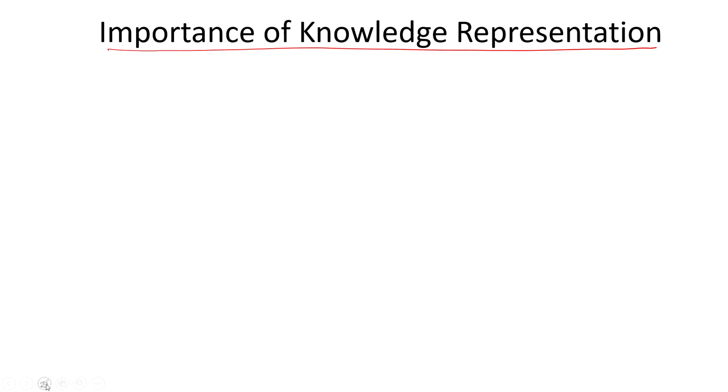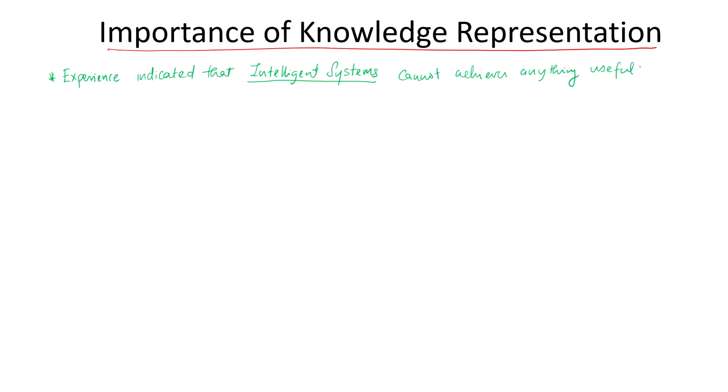The main reason, I will just say, is this: experience has indicated that intelligent systems, and you remember in the course we were talking about this concept of intelligent systems, cannot achieve anything useful, let us say instead of meaningful I will say useful, unless, the keyword is unless, they contain a large amount of real world knowledge. Okay. The keyword is real world knowledge.